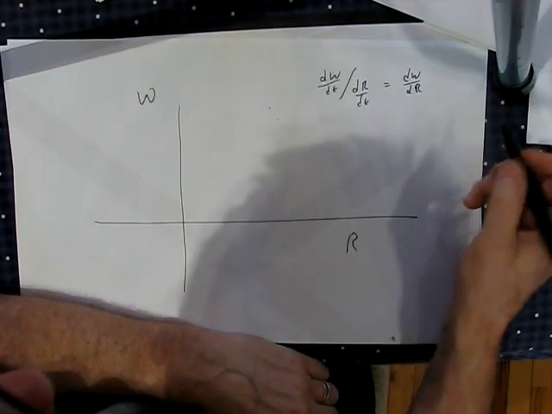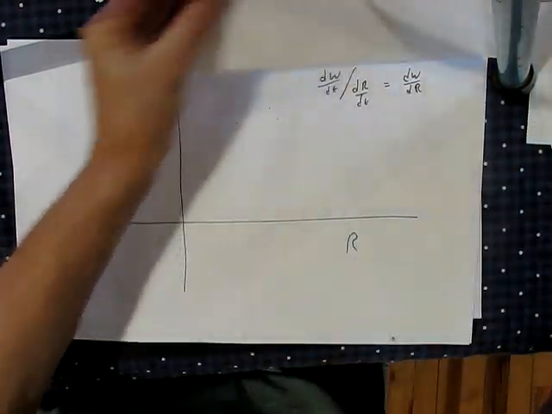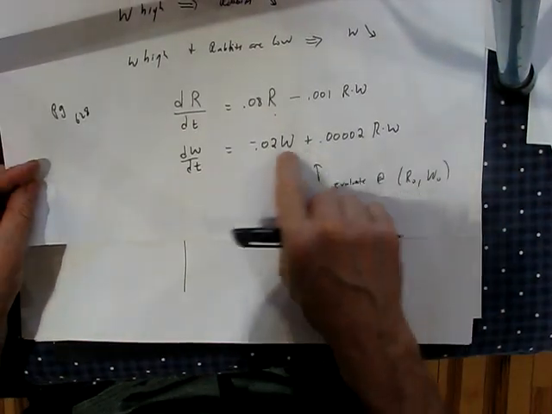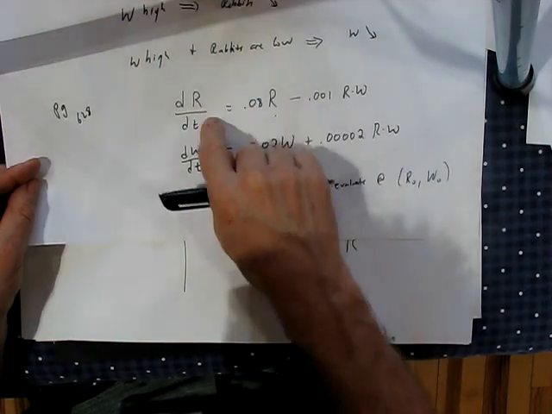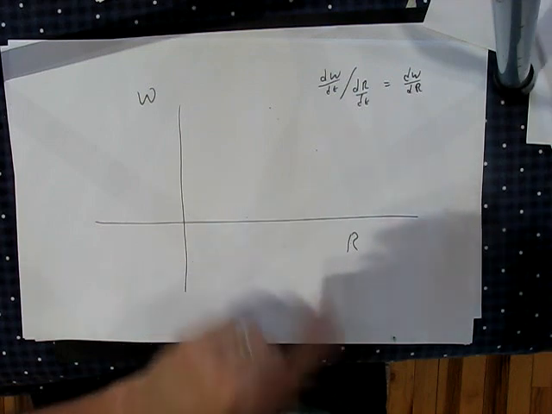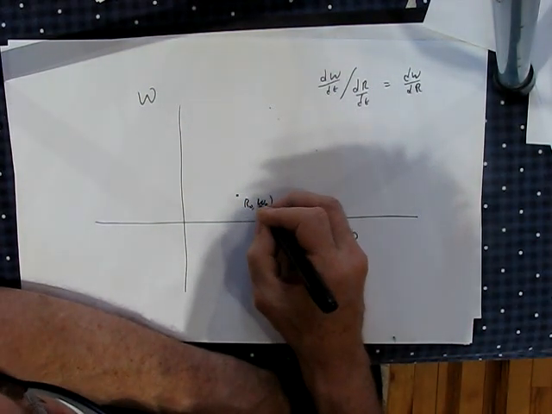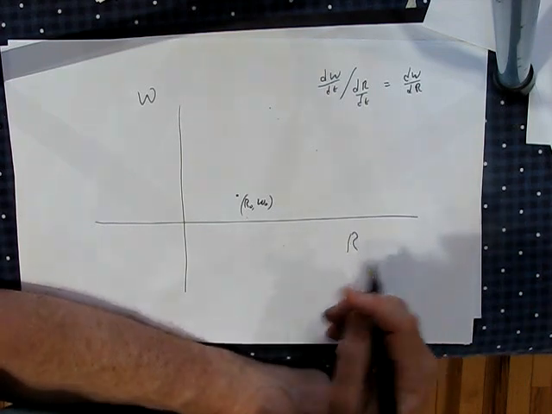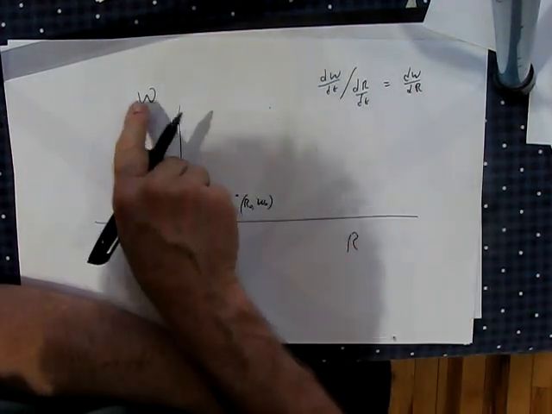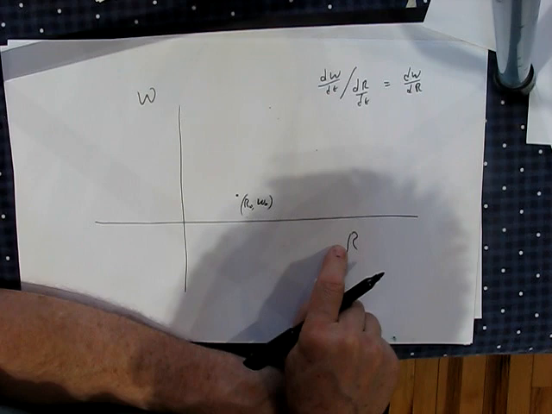So I can actually take from this equation, I can evaluate this equation, get a dR dt, a dW dt, take the ratio, and I can plot in here a point, R0, W0, and then I can plot the trend of how the W is changing with respect to R.